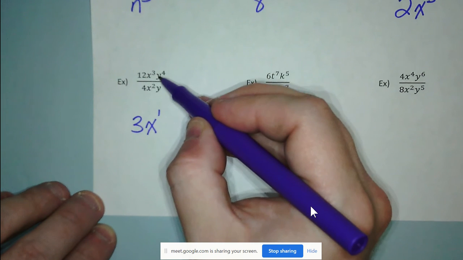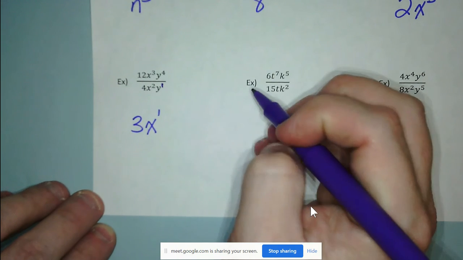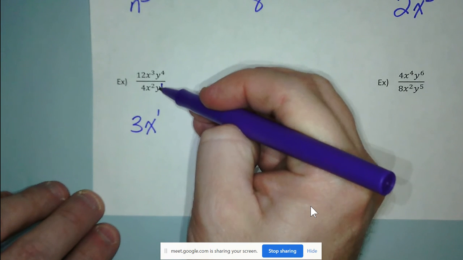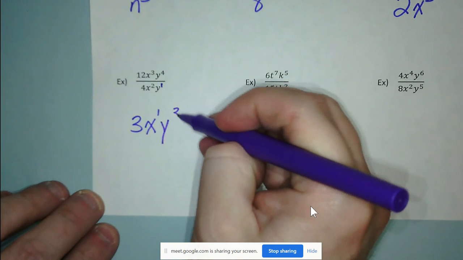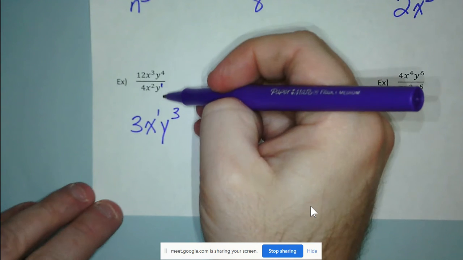And then y to the 4th over y, and again, technically there's a power there of 1. So when you do y to the fourth divided by y, you're going to end up with y to the third. Okay? The exponents subtract.